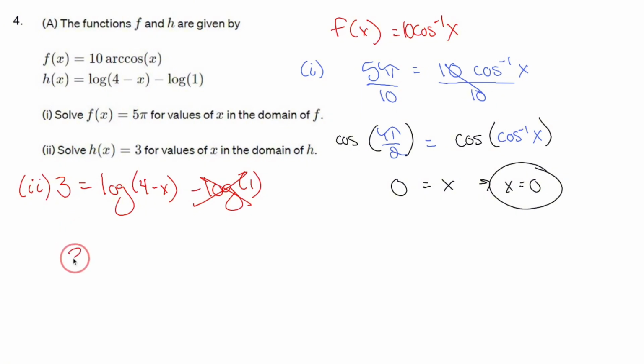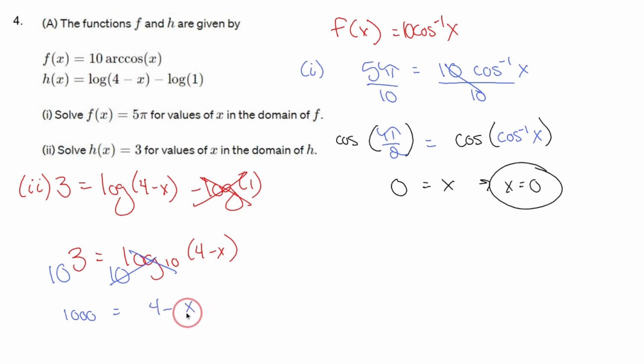So I have 3 equals log base 10 of 4 minus x. I have to unlock the x. How? Well, you take the base 10 of both sides. And what that does is these guys cross out. You have 10 to the third, which is 1,000, equals 4 minus x.